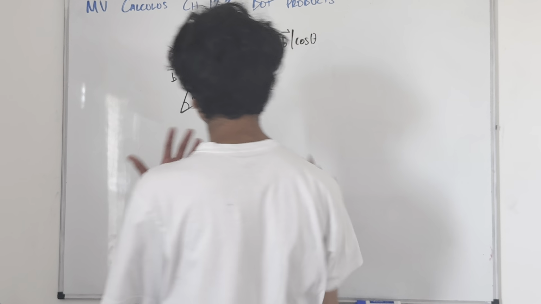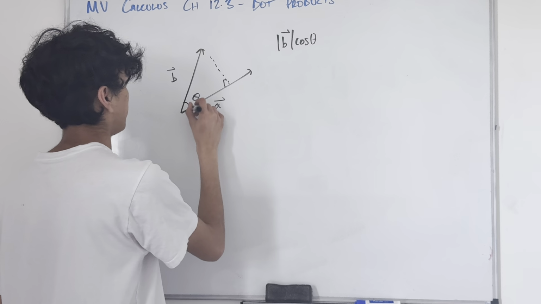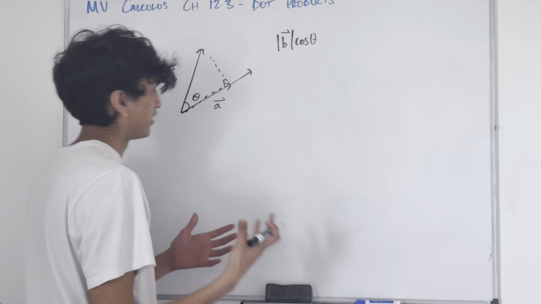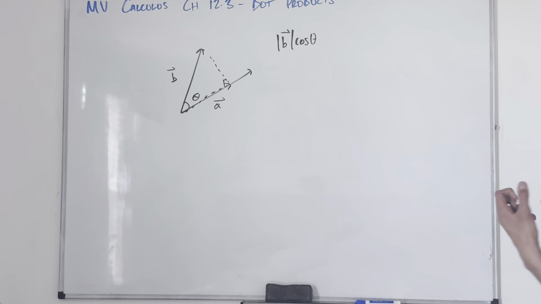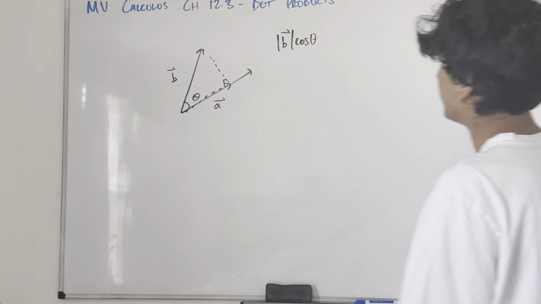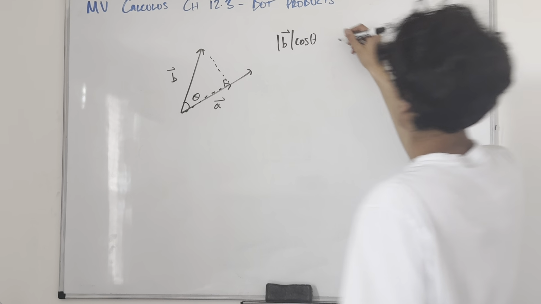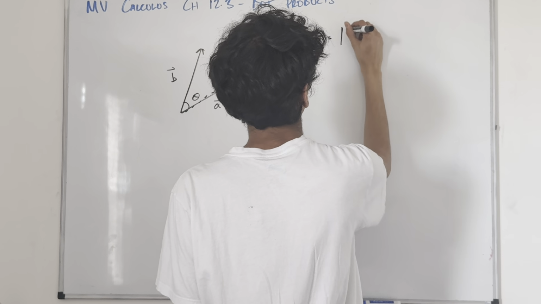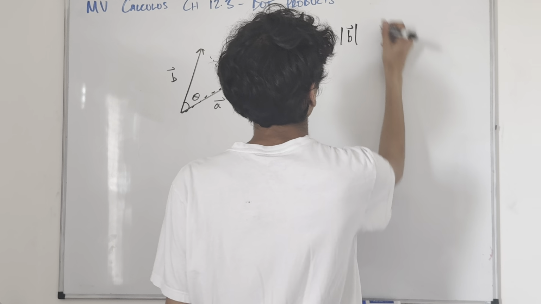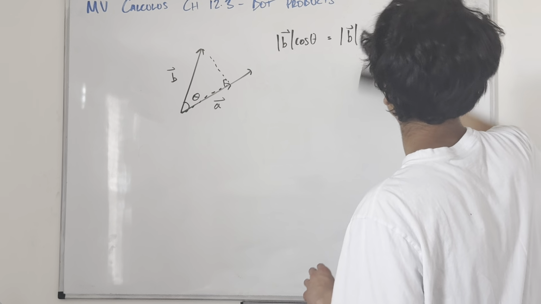Because if this were a triangle, really I'm looking for this leg. That length represents the magnitude of B in the direction of A. So it's just B times cosine theta. Well, what's nice is I know that magnitude of B cosine theta is the same thing as the dot product. So let me write this out.